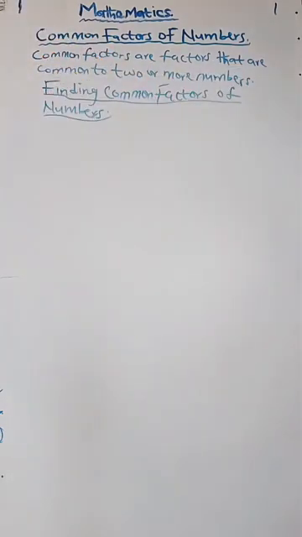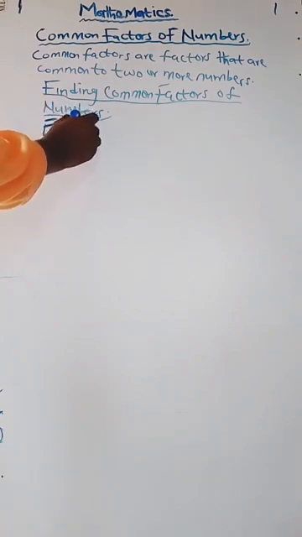To find common factors of numbers in mathematics, the first step is to look for factors of the numbers. After looking for the factors of the numbers, we now look at the factors that are common to those numbers. So those are just the simple steps to take to find common factors of numbers. Let's look at some examples to understand how we can easily find common factors of numbers in mathematics.